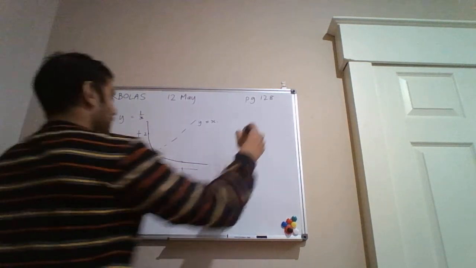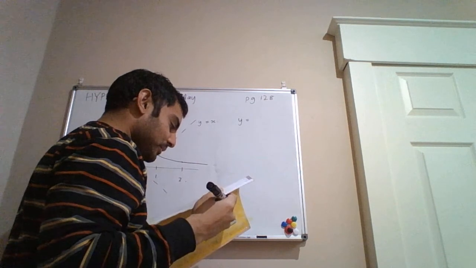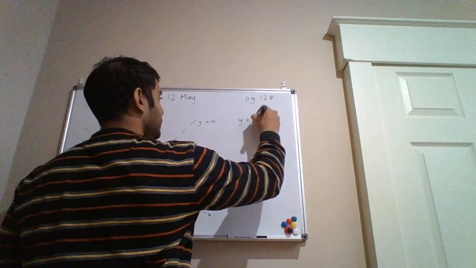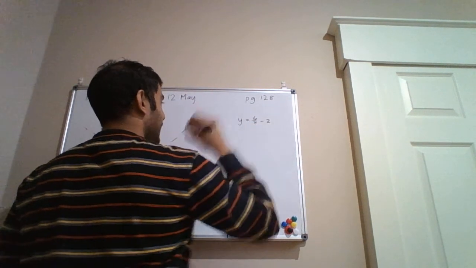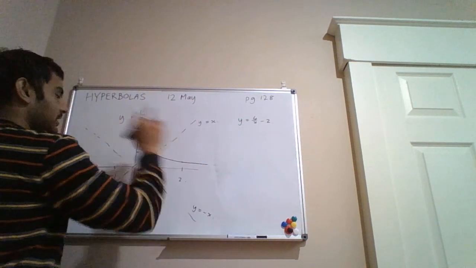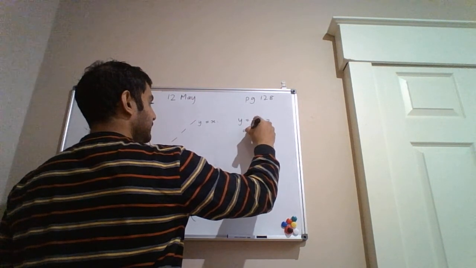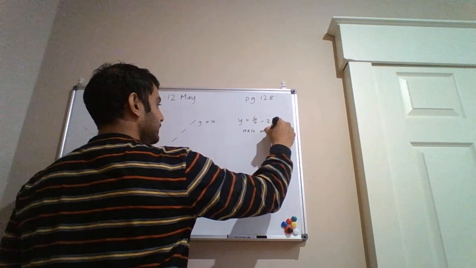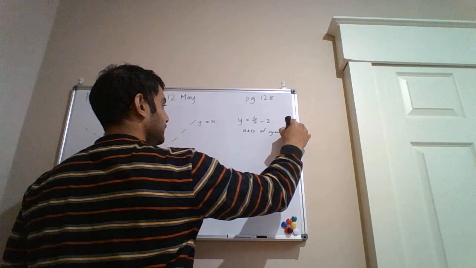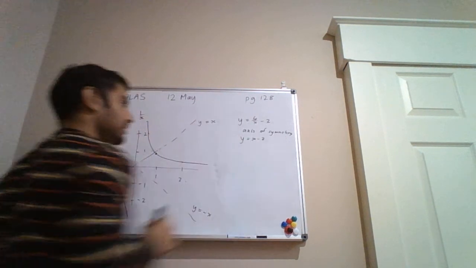So if we have a graph y equals, in the worked example, y equals 4 over x minus 2, our axis of symmetry is going to be the same as our original graph, just minus 2. Symmetry y equals x minus 2.